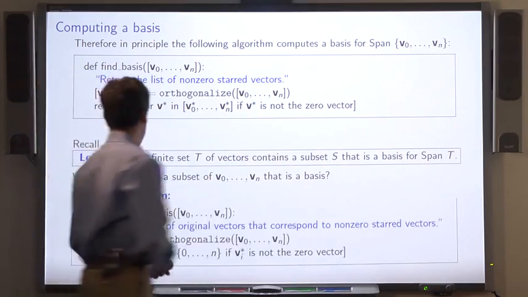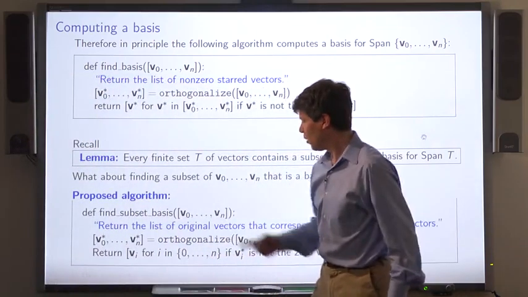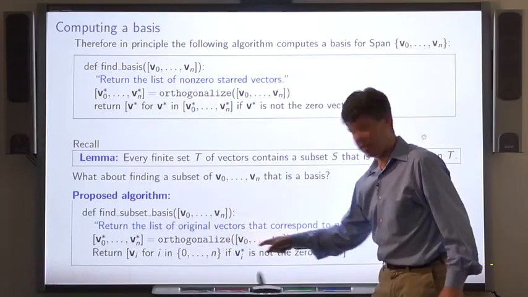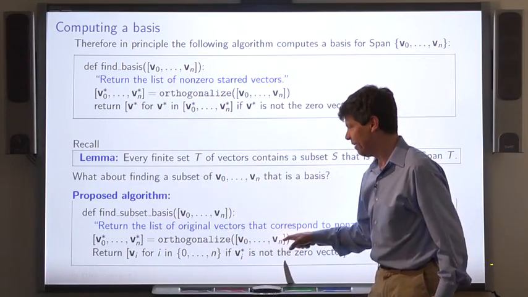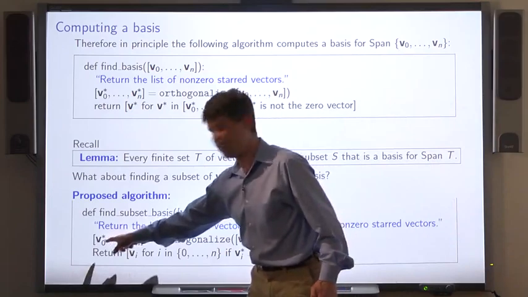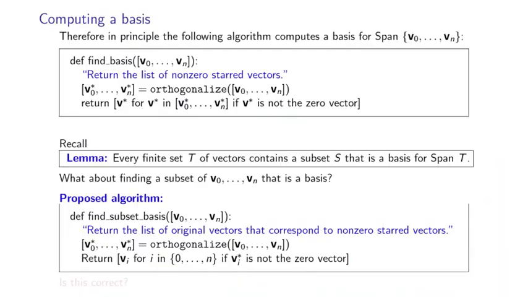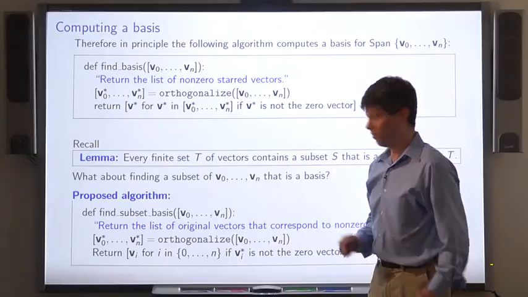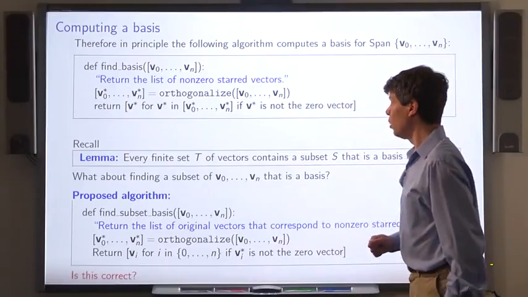Here's the proposed algorithm. We run orthogonalize on the list of input vectors v0 through vn, getting vectors v0 star through vn star. Now, we return the list consisting of those original vectors that correspond to starred vectors that are non-zero. Does this algorithm work?